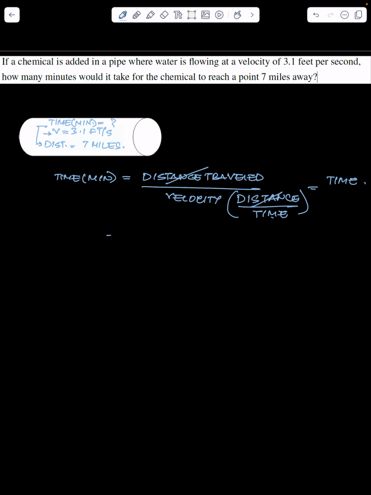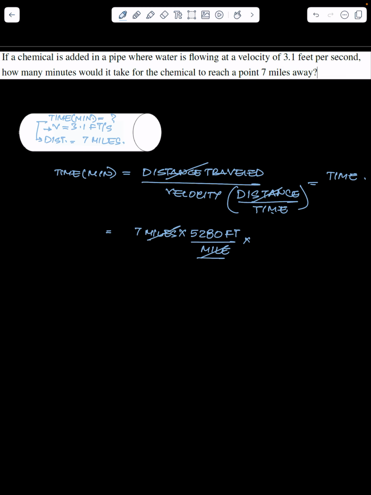So in this particular case, the distance traveled is 7 miles, and this needs to be converted into feet because the velocity is in feet. Therefore, 7 miles times 5280 feet per mile. This conversion comes from the formula sheet. This will give you the total feet, and then you divide it by the velocity, which is 3.1 feet per second.